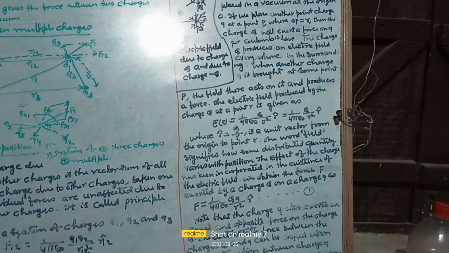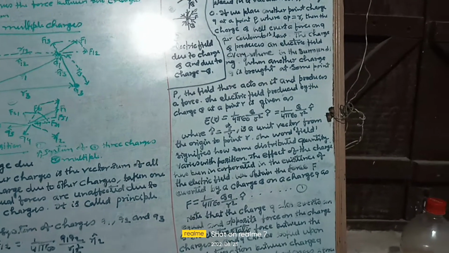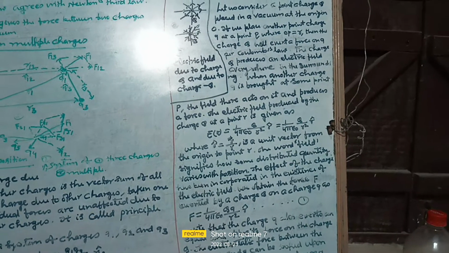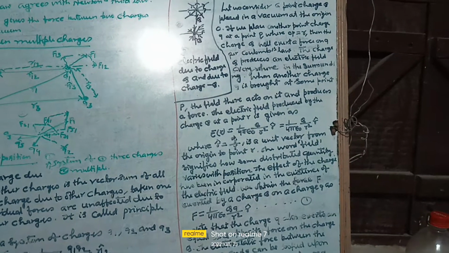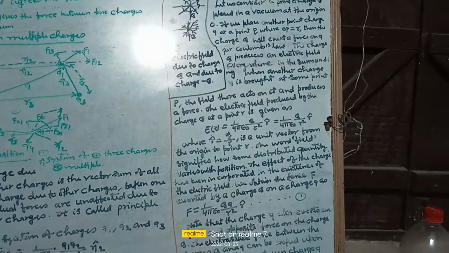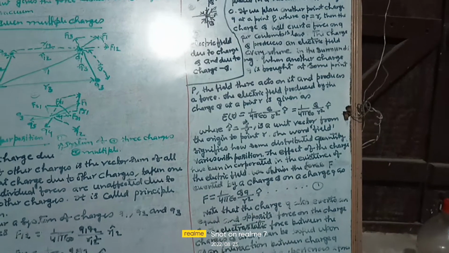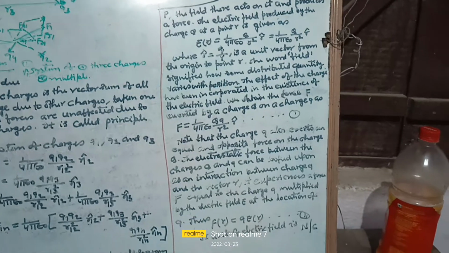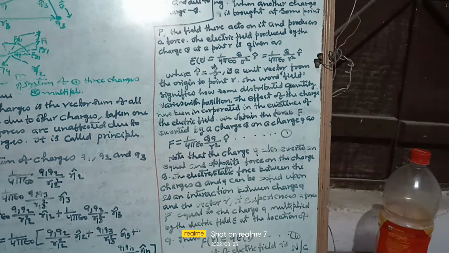The word field signifies how some distributed quantity varies with position. The effect of the charge has been incorporated in the existence of the electric field. We obtain the force F exerted by a charge Q on a charge q as F = (1/4πε₀) Qq / r² r̂.